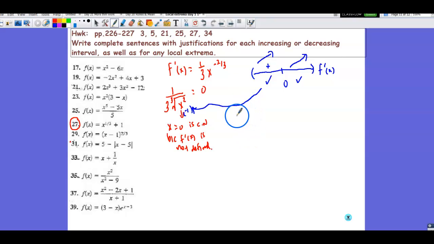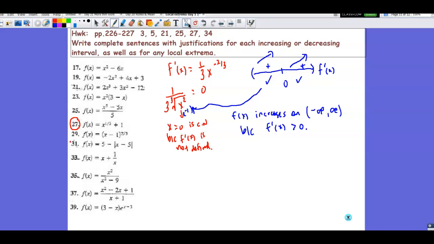So the only thing that we can report here is that f of x, or f original, because remember, everything is about the original function, f of x increases on the interval -∞ to infinity, because f prime of x, notice, be careful with your names, we're justifying based on the first derivative, because f prime of x is greater than 0, or f prime of x is positive. No local max or min to report, no decreasing intervals to report.